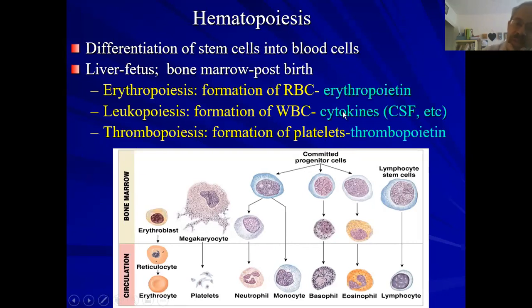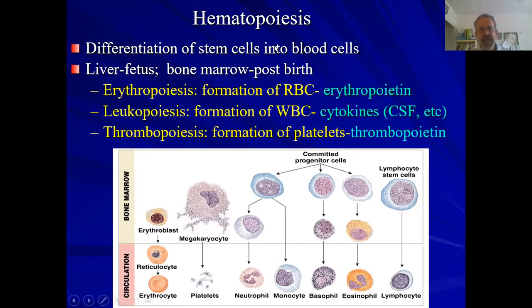How does a stem cell start to produce erythrocyte versus a white blood cell versus a platelet? Well, there happen to be certain chemical factors that are responsible for this, right? Now, chemicals are involved in everything that triggers stem cell development.